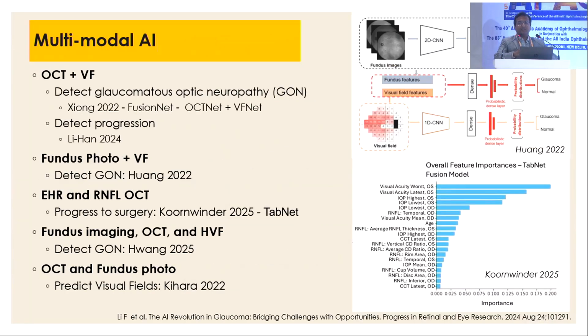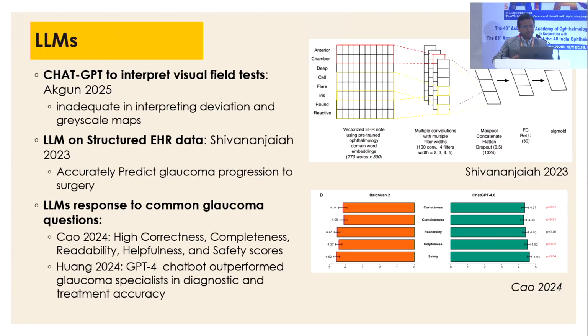We are now seeing the advent of multimodal AI, in which multiple sources of information are being combined. We have examples of OCT plus visual fields, fundus photography, and very interestingly, recently, evidence of using EHR data to predict progression to surgery from large data sets from healthcare organizations.